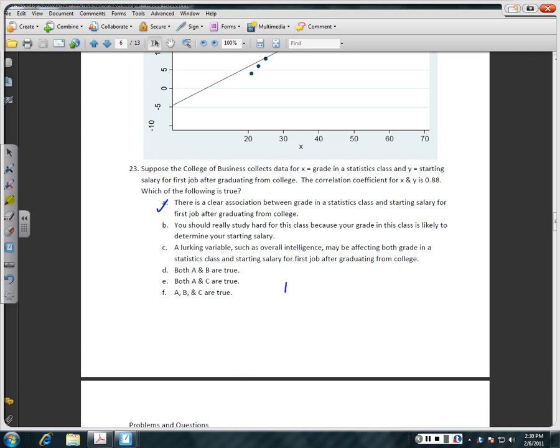Association does not imply causation. So even though they were associated, to say that the grade in this class is going to determine your starting salary would be maybe a bit of a stretch.